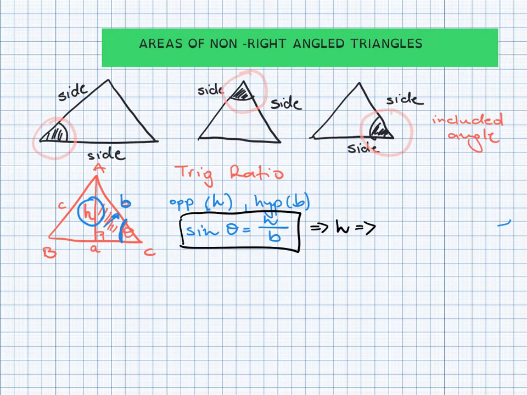We cross multiply, so height is equal to B times sine of the angle.